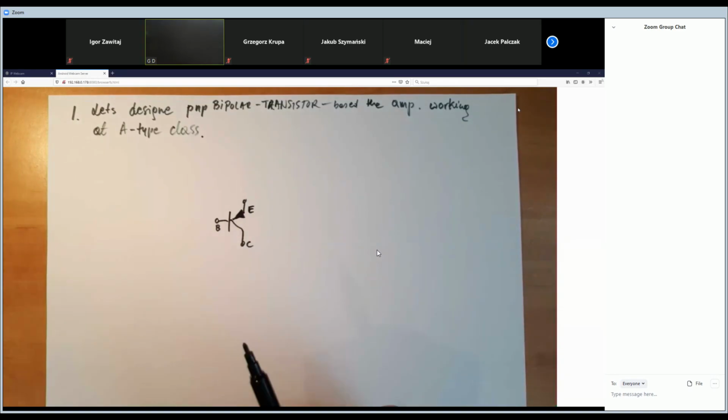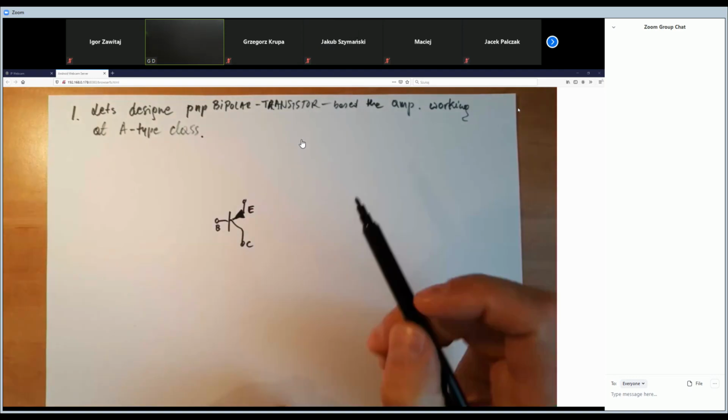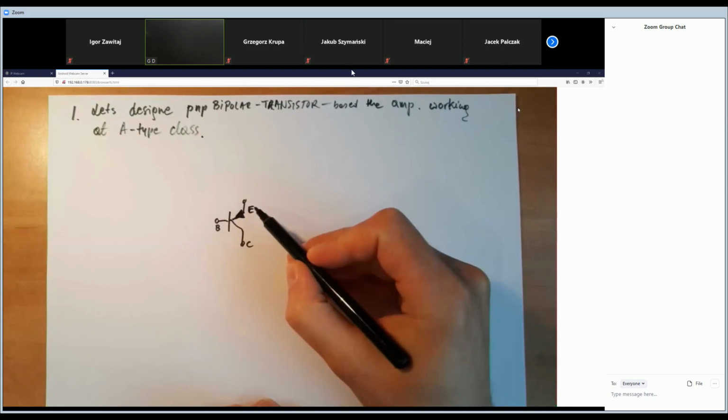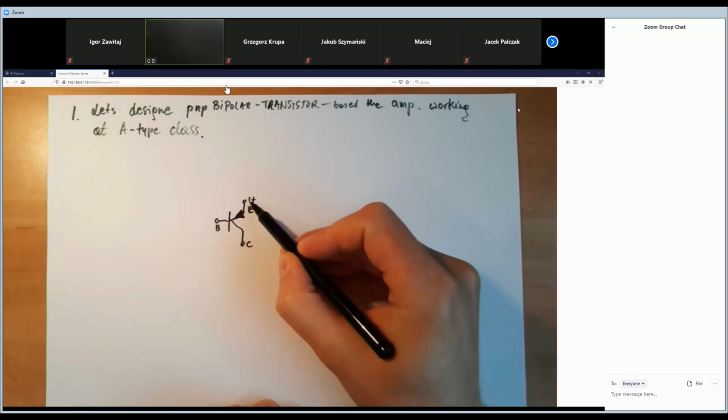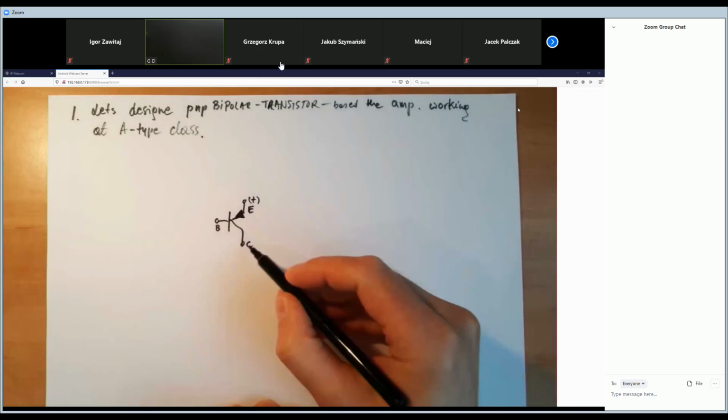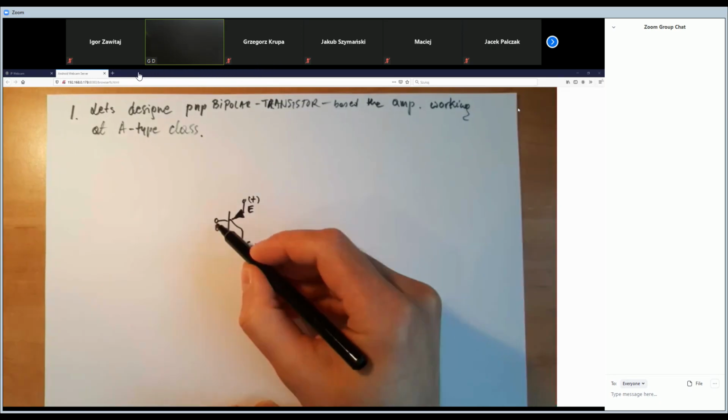What about the polarities? The polarities of the emitter, collector, and the base are completely opposite to the NPN transistor. What does it mean? It means that the emitter should be at a higher potential than the collector and the base.